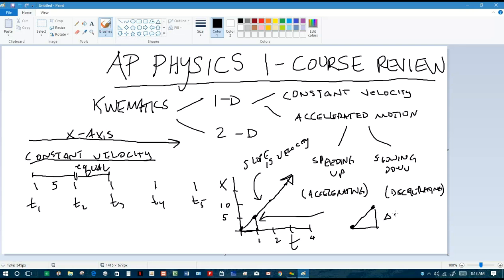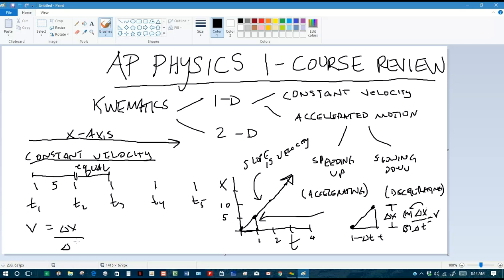We call this delta x, how far its position changed, and this would be delta t, how much time related to that displacement. In math class, you learn slope as rise over run. You would do delta x over delta t, and that unit would be in meters, since x is measured in meters and time is measured in seconds. You'd realize that the units for the slope are meters per second, which indicates to people, if they were unsure, oh, that's velocity, right?